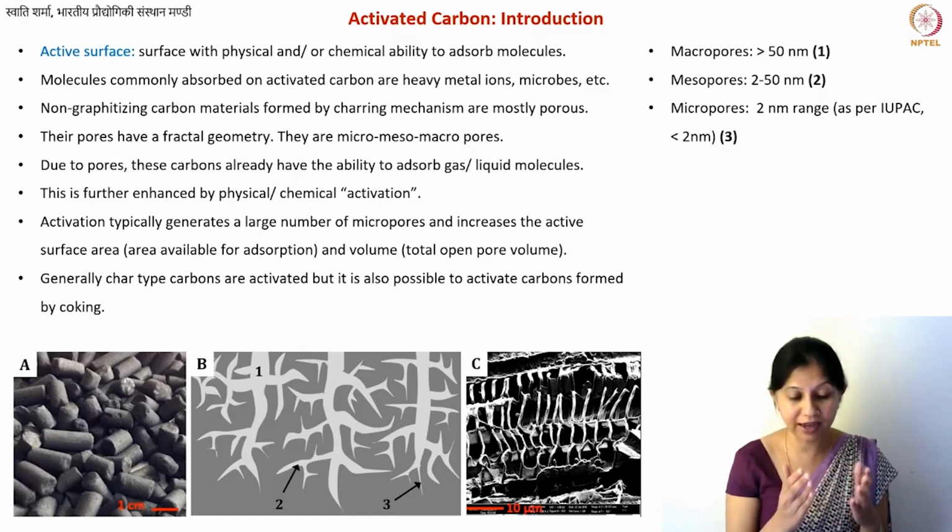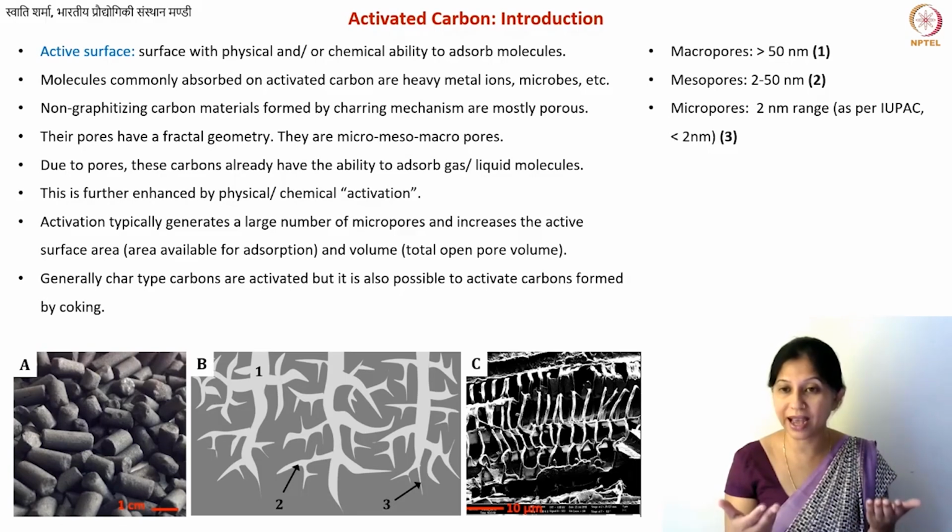If you activate the glassy carbon surface, which people are doing, for example, if you want to attach a certain other chemical on top of it, because glassy carbon is generally very inert, so it's very difficult to attach anything on top of it, you can do some physical and chemical activation, and that is often known not as activation but as surface modification, because it is happening only at the surface, and not inside the material.